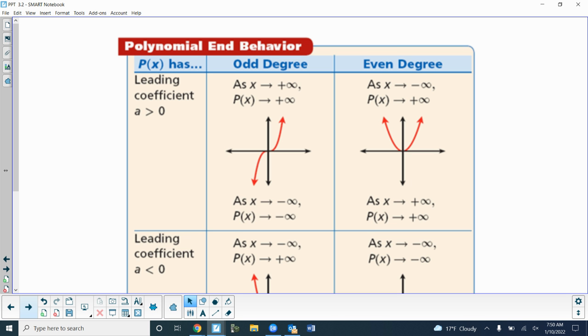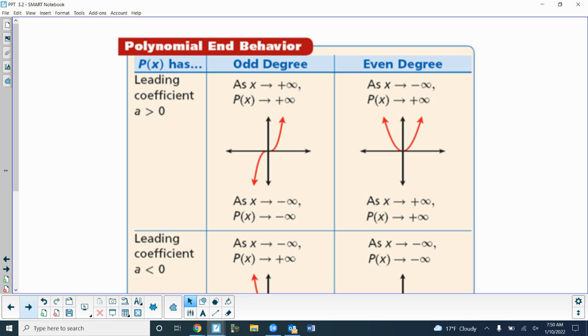Get it in the right order though, meaning like we did for our long division and synthetic last week, we did it from biggest degree, highest exponent, down to the constant, right? So get it in order, first of all, make sure it's in order. And then the leading coefficient, if it's positive, bigger than 0, and that leading coefficient is the number in front of your first term.